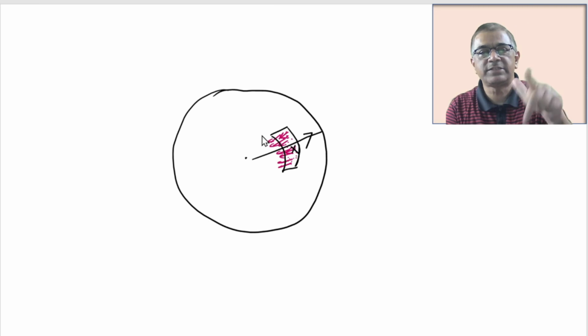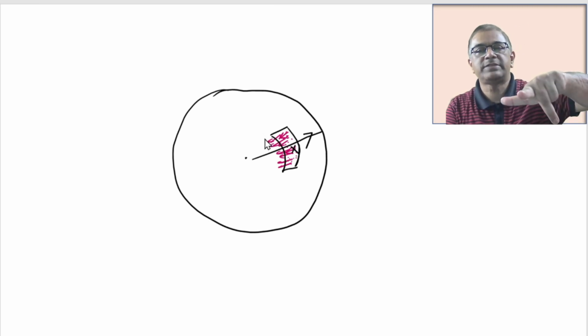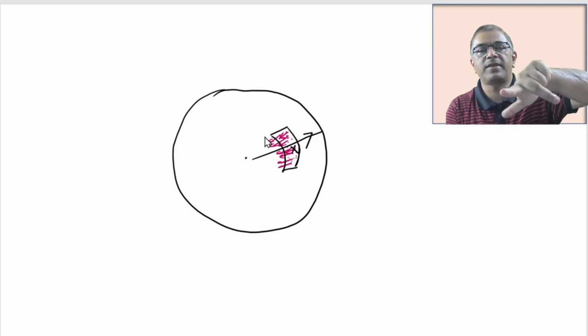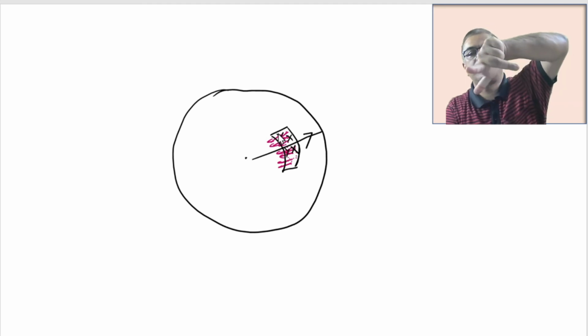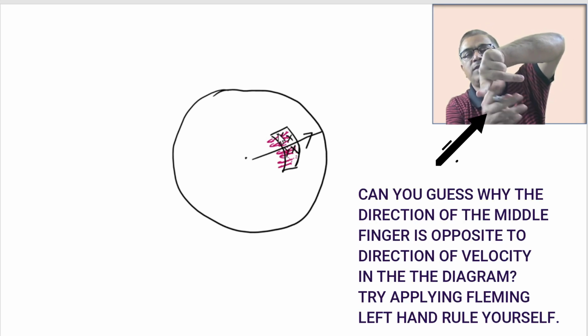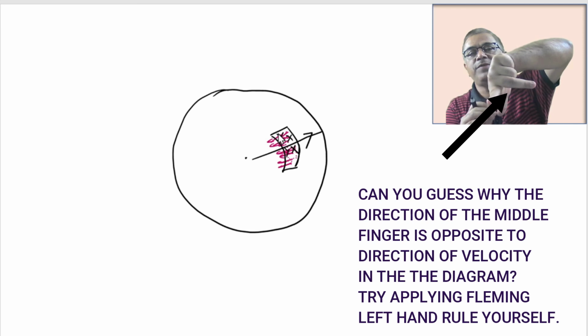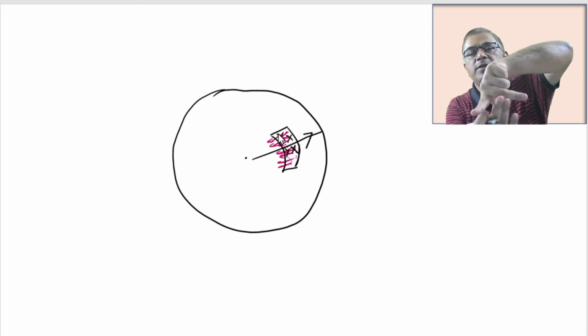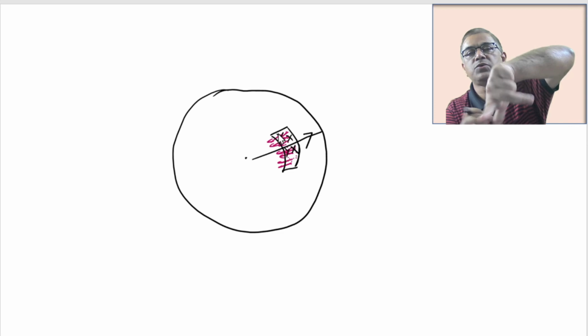Now apply Fleming's left hand rule. As we apply Fleming's left hand rule, the direction of the forefinger represents the direction of magnetic field, which is normally inside, and the electrons are moving in this direction. Then the thumb represents the direction of magnetic force, provided the charged particle moves in the direction represented by the middle finger. So these electrons will experience force in a direction opposite to the direction shown by the thumb.